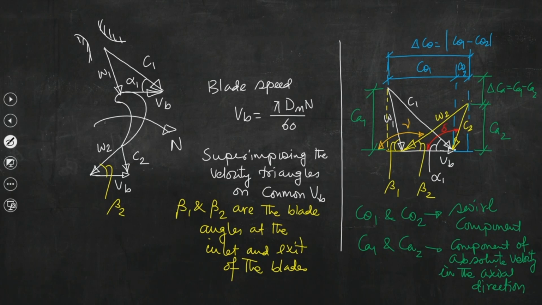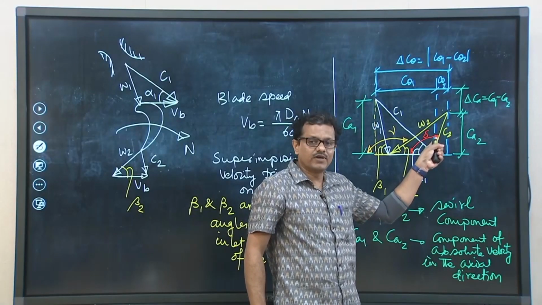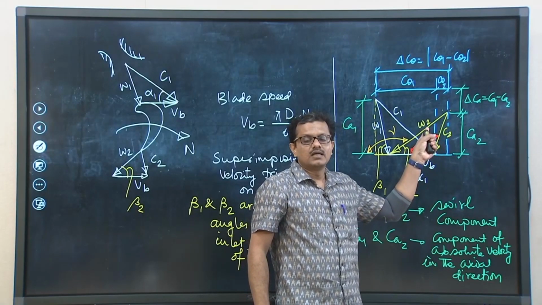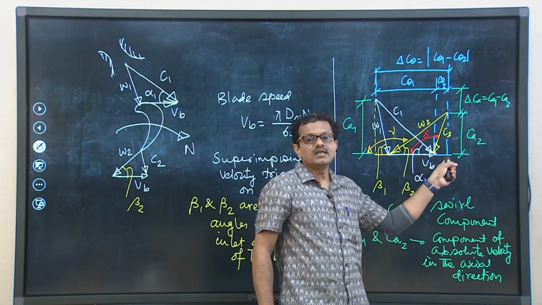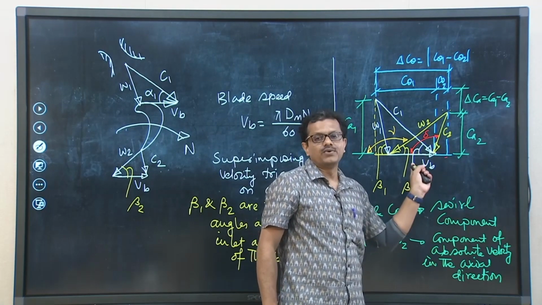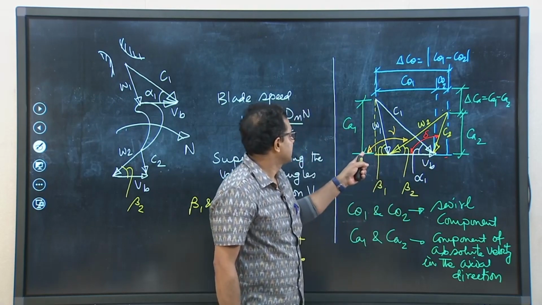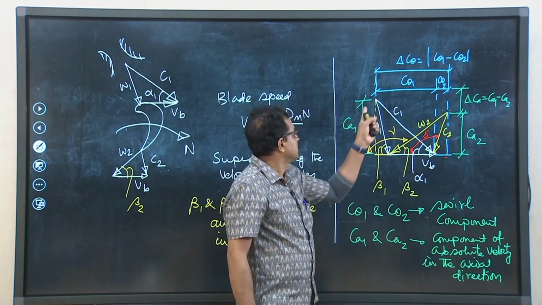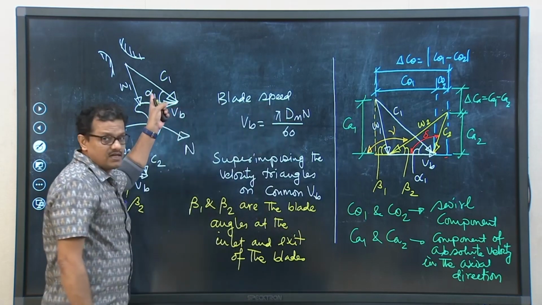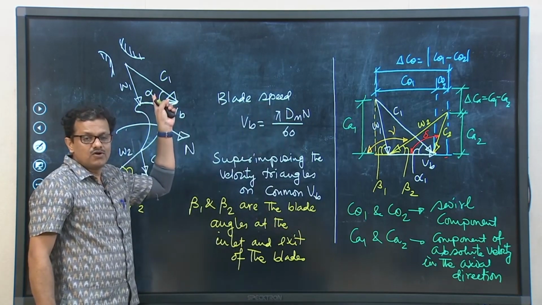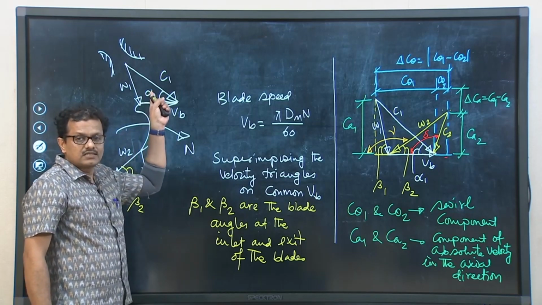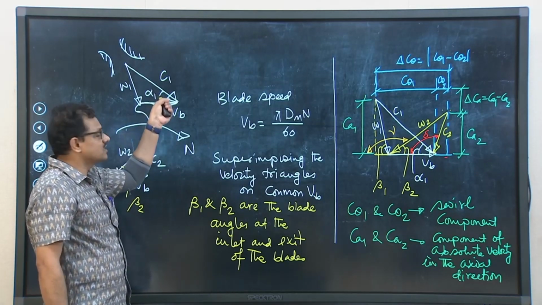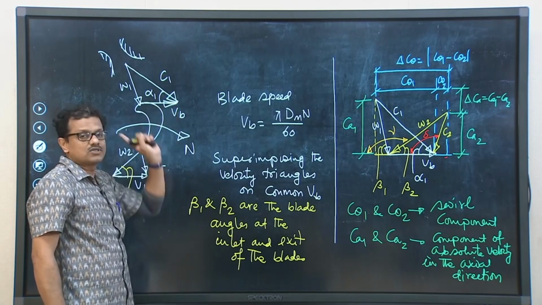Similarly, delta is the angle made by the exit absolute velocity of steam leaving the blades with the plane of rotation of the wheel, while alpha is the flow angle, the angle subtended by the nozzle axis in the direction of rotation of the wheel.